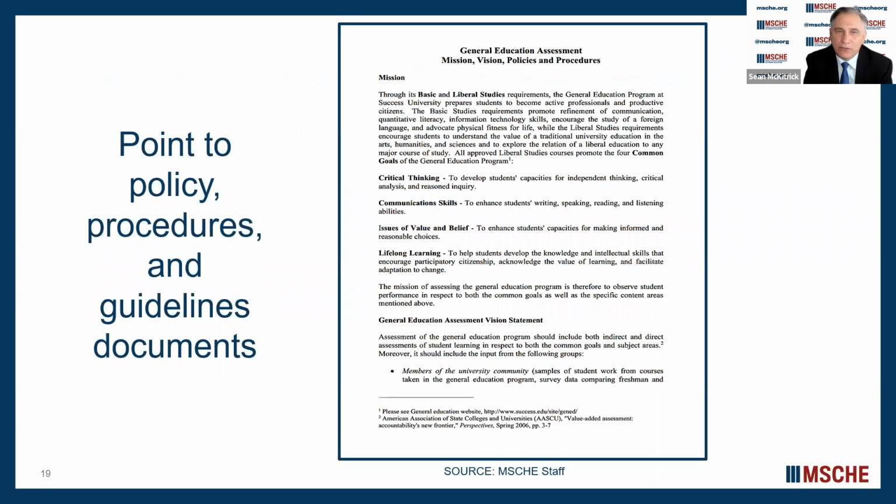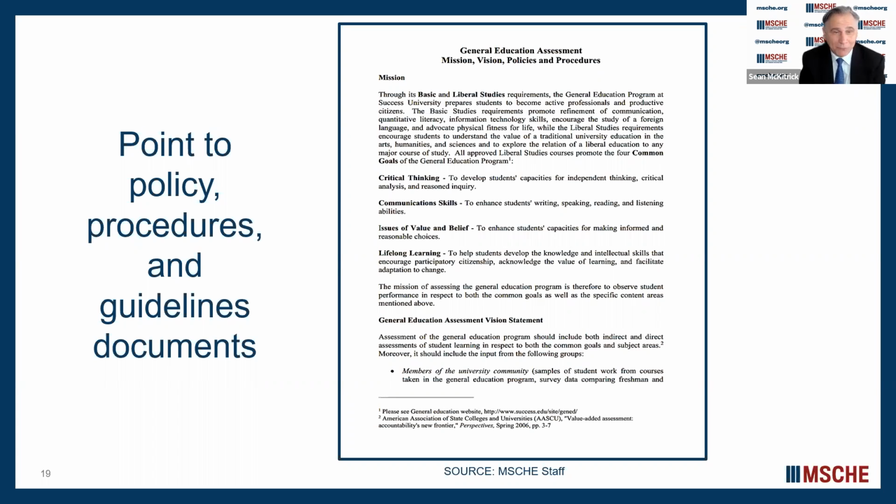So let's say, for example, that an institution has identified mission, values, policies, and procedures in their efforts to evaluate or to document general education assessment. So they find a document that may or may not look like this, and evaluators will tend to look at this and say, all right, so at least I know there is a policy, at least I know there is a procedure, and I don't have to hunt for this.